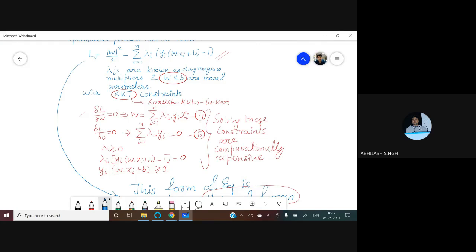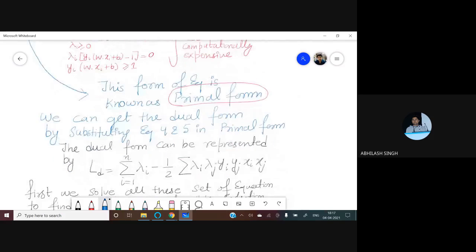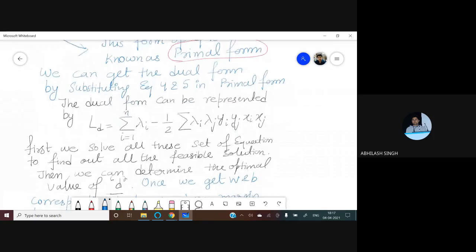You put this into LP, and when you solve, you will get the dual form that is represented by LD. So this is the dual form. We will see why we are interested in the dual form in the non-linear SVM case.